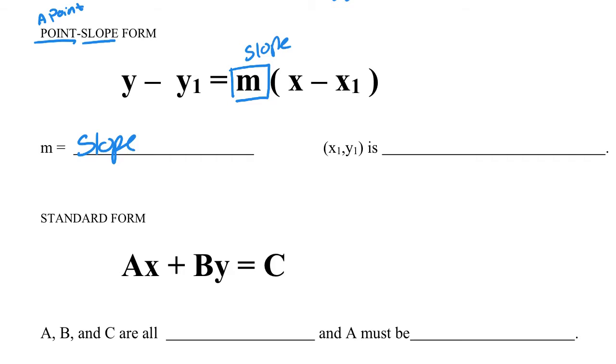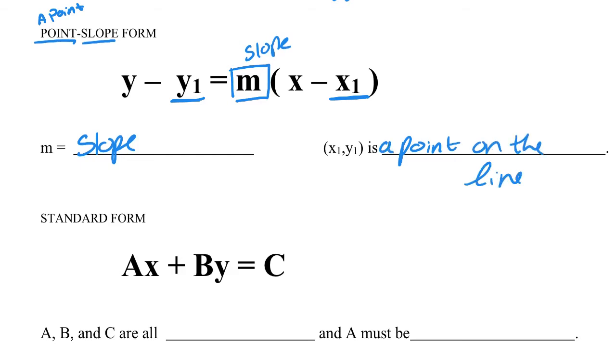And then we have this y1 and this x1 value. So when we were calculating slope before from 2 points, you might have seen we referred to points as x1, y1, x2, y2. This is kind of the same thing. So this x1, y1 is just a point on the line.